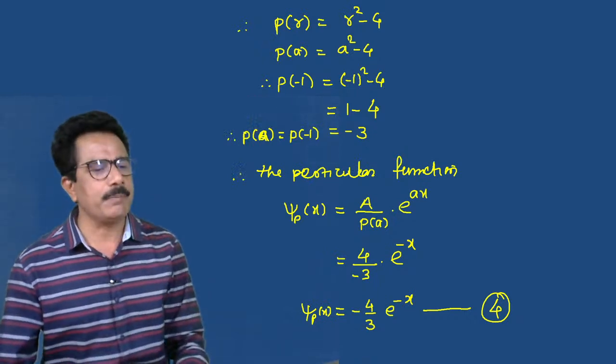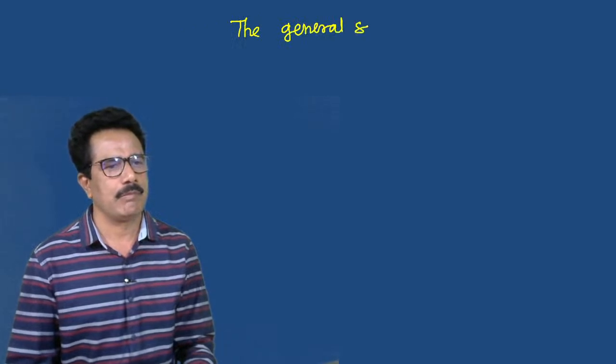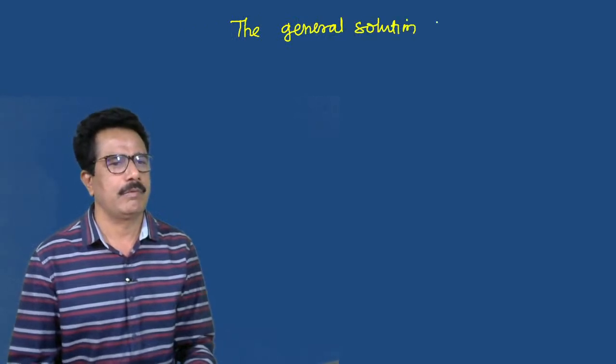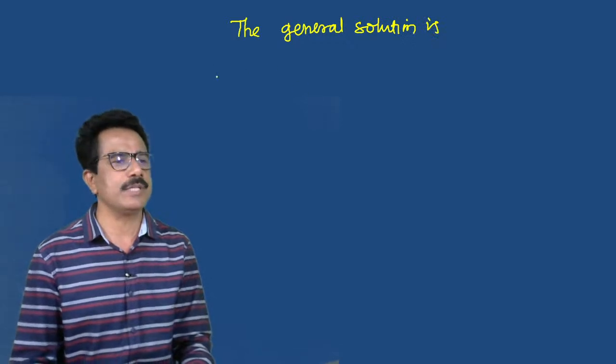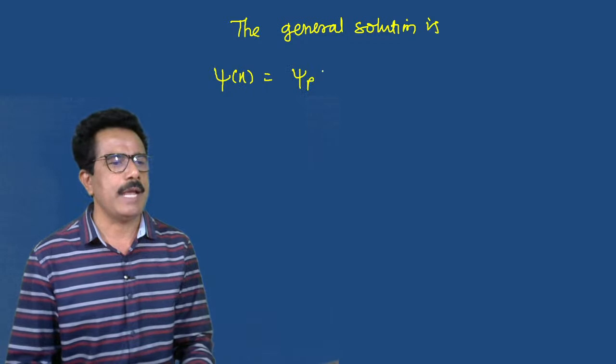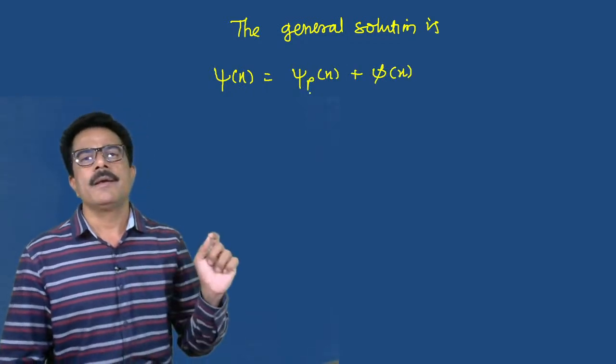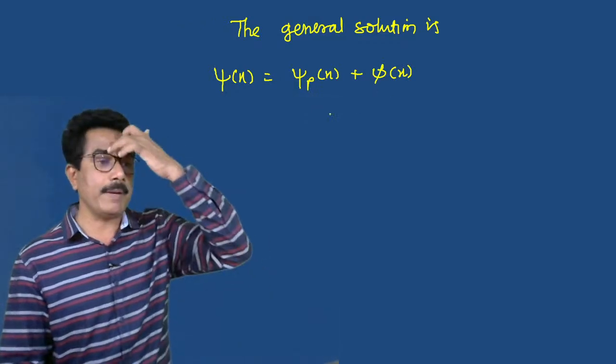Now we shall put this, therefore the general solution is, what is that general solution? Psi of x is equal to psi p of x plus phi of x, means particular function plus complementary function.